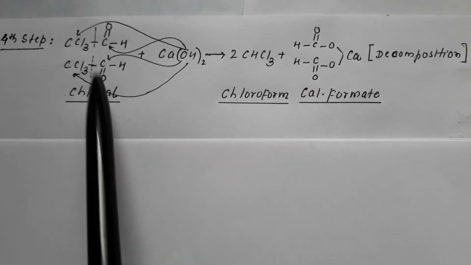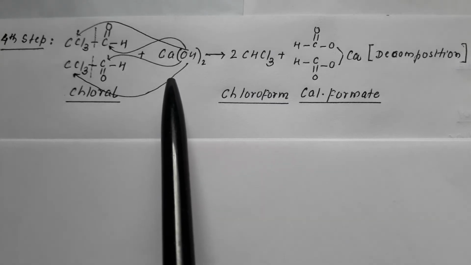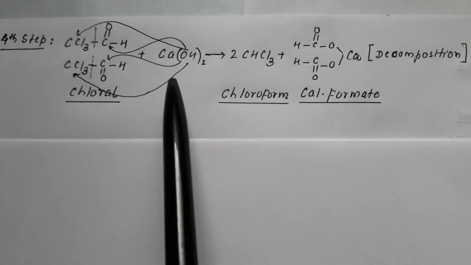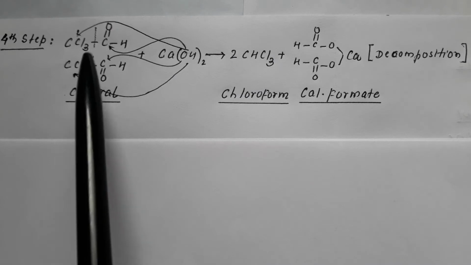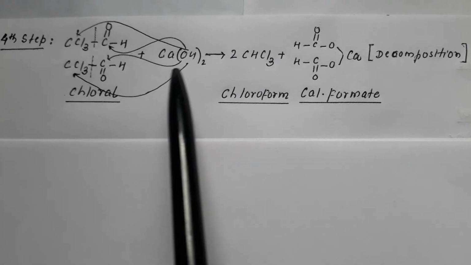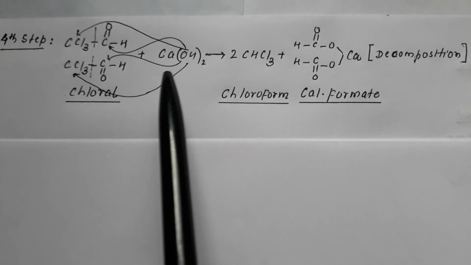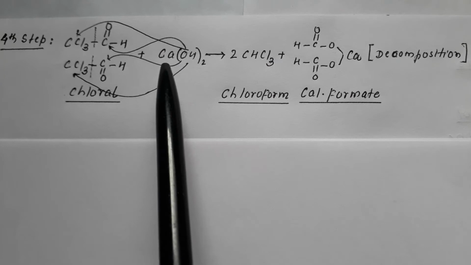So 2 molecules of chloral react with 1 molecule of calcium hydroxide formed in step number 1. 2 molecules of chloral formed in step number 3 react with 1 molecule of calcium hydroxide formed in step number 1. How does it go? It is Ca(OH)2.